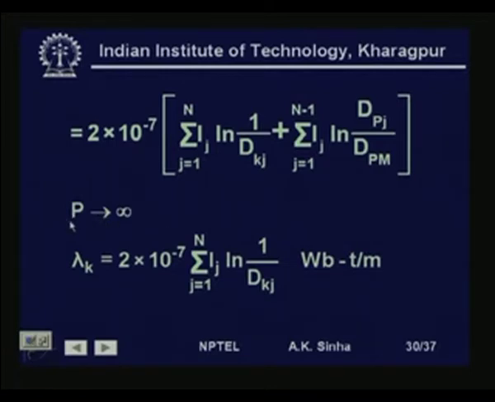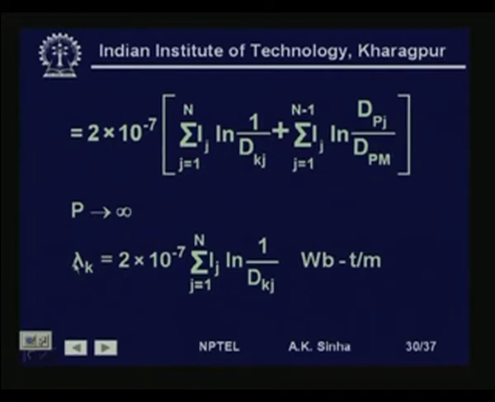take this point P very far away, then d p j and d p n will be almost the same, and therefore d p j by d p n will become equal to 1, and log n d p j by d p n will be equal to 0.